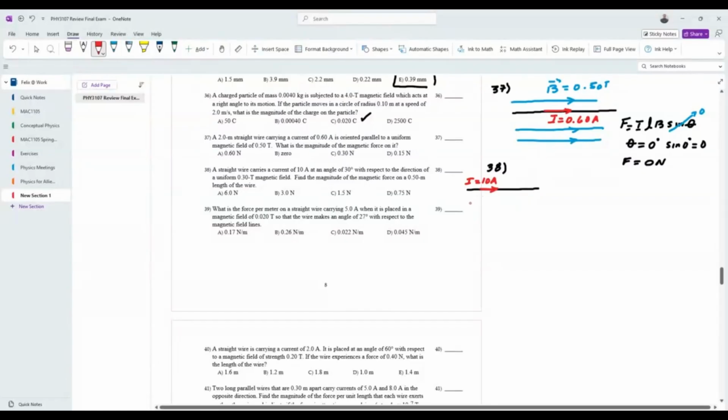So now the direction of the current and the direction of the magnetic field make an angle of 30 degrees. So this is the magnetic field now. And there is an angle here of 30 degrees.